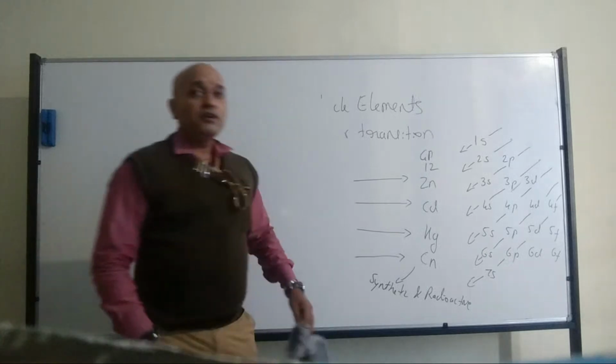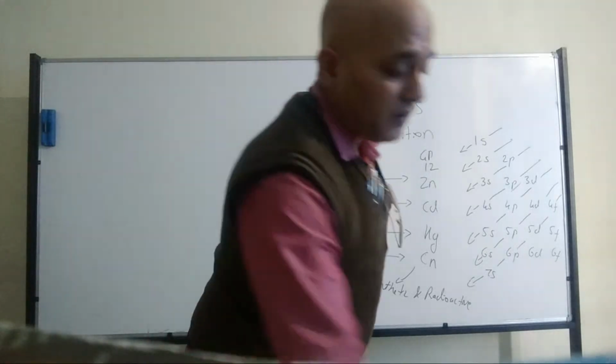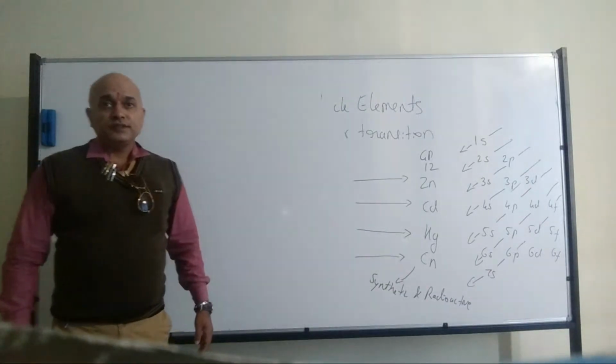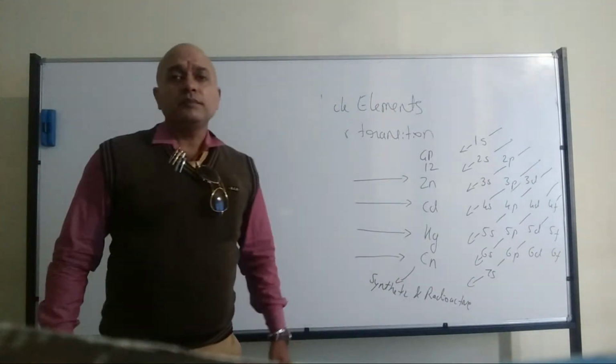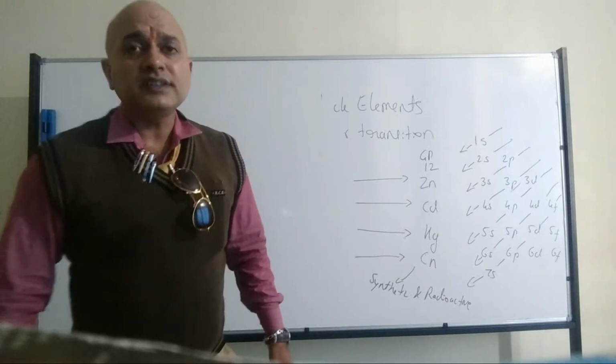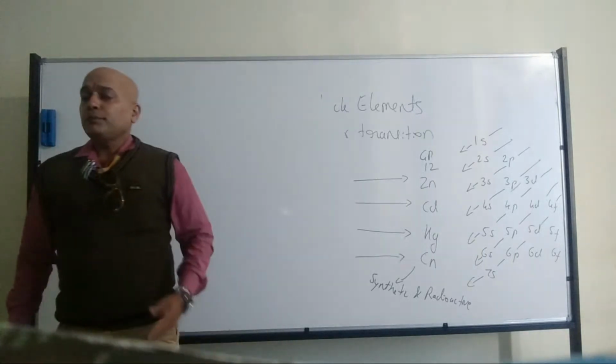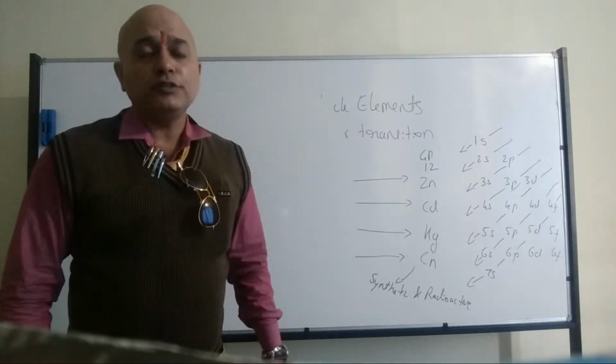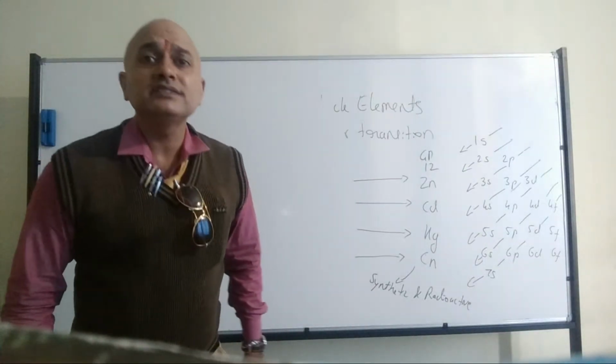Because if I go with the number of unpaired electrons, it is more with manganese, not with chromium, not with molybdenum, not with tungsten. Chromium is 24, just before manganese. But chromium is going to dominate, not manganese. What is the reason?